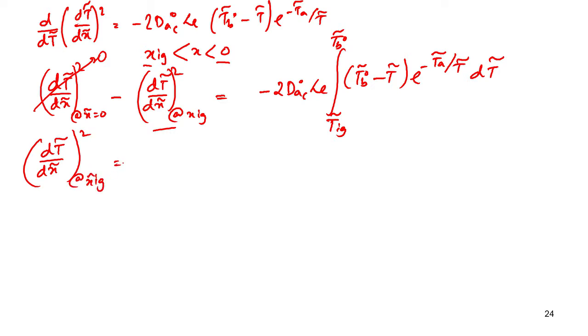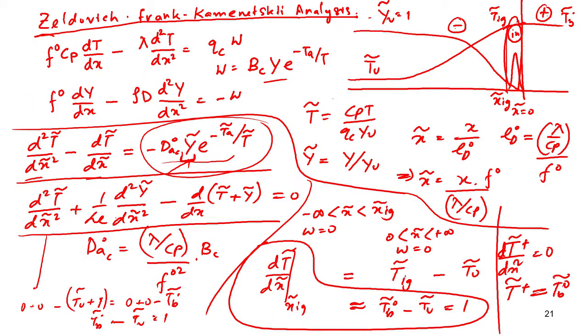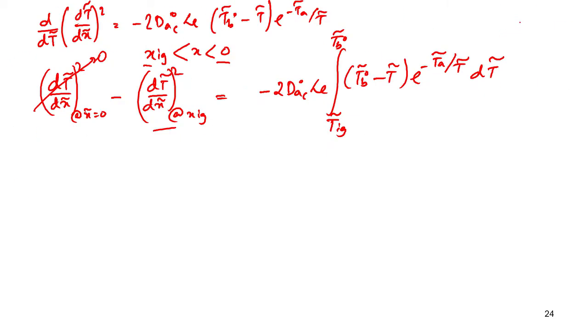From now on we will focus only on the RHS, because we can also show this by matching conditions, because this slope has to match this slope. So at x ig what is happening is that the temperature is increasing like this, right. So if it is x ig, because of the continuity and smoothness, this slope has to match this slope. So this is the inner side and this is the minus side.